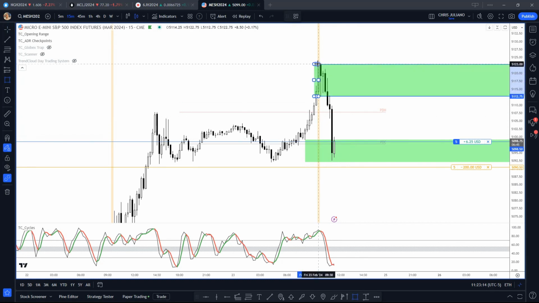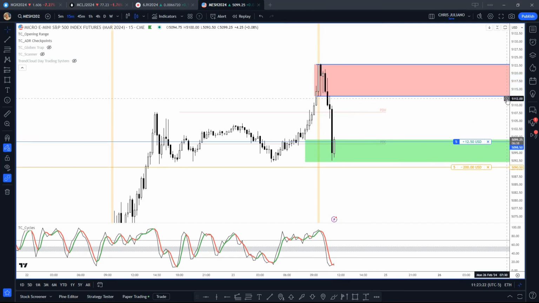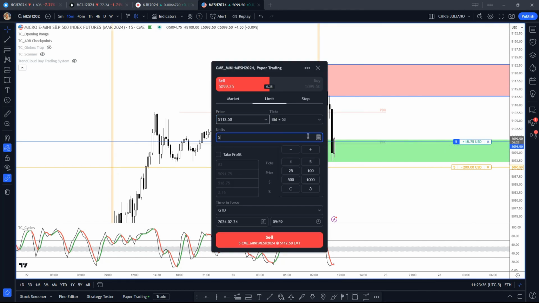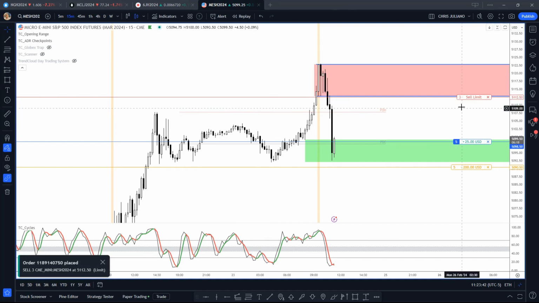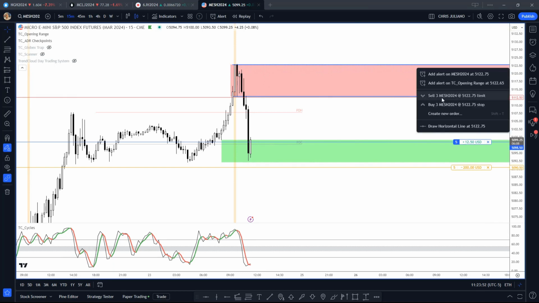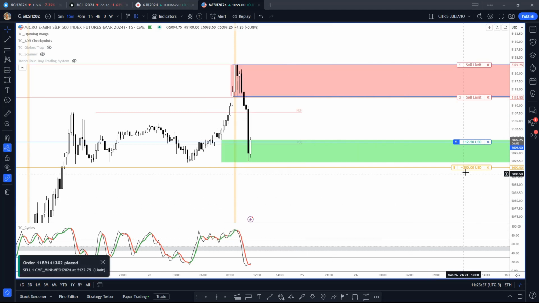So that right there, we're going to turn red and say, okay, let's take off half our position at the retest. Let's take off 3 contracts right there and let the rest run. Maybe we take off another contract right at the very top because it is Friday, sell 1 more. And then we trail the last one with our stop loss.